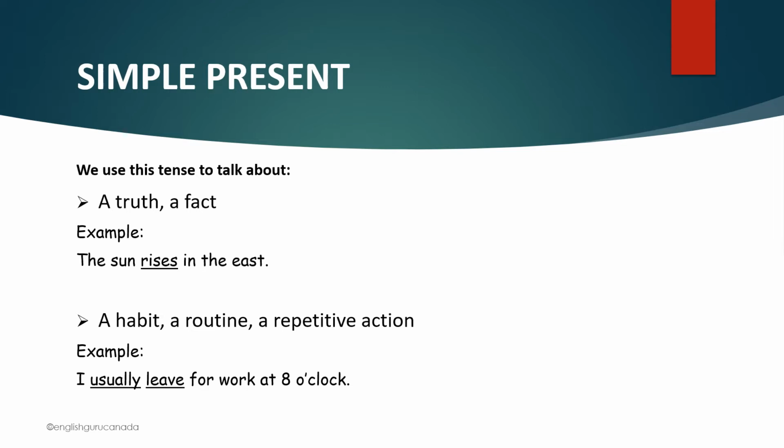So every day, I would use the term 100% when I want to say something is continuous 100%. That would be always. And less than 100% if every once in a while I don't leave home at 8 o'clock, then I would say I usually leave for work at 8 o'clock.